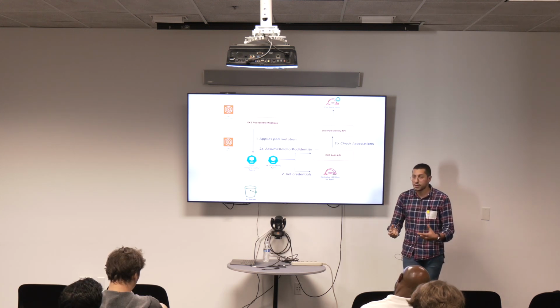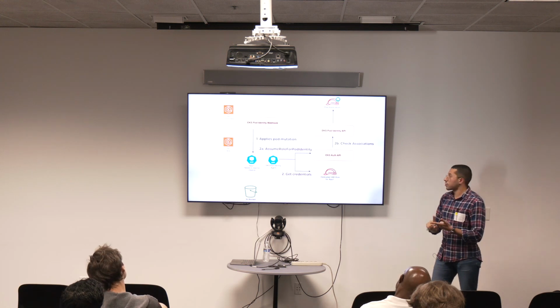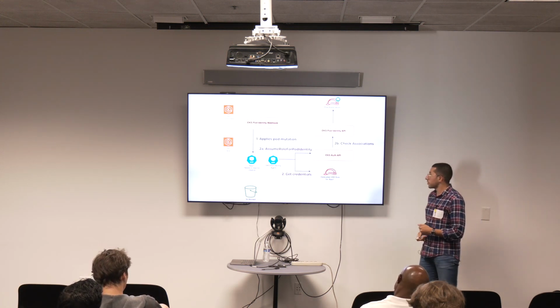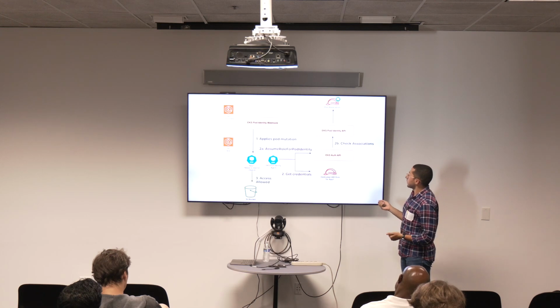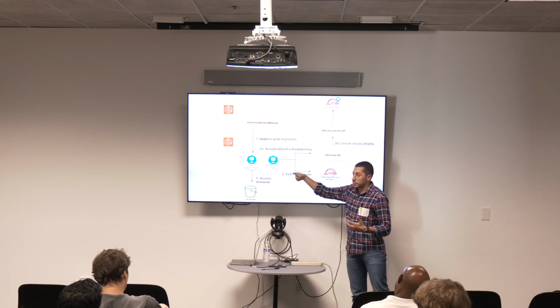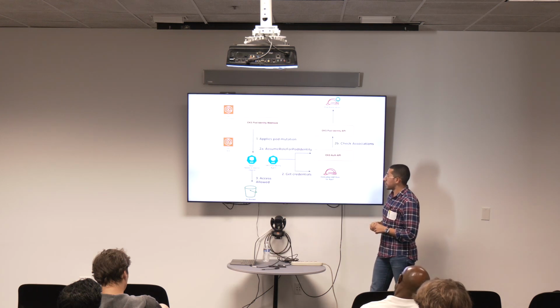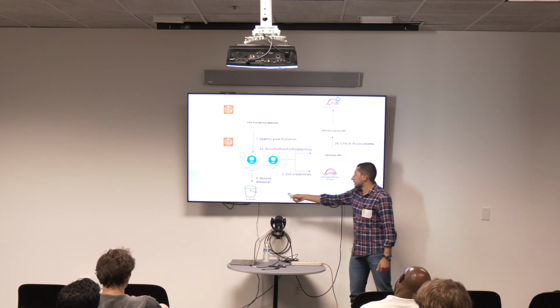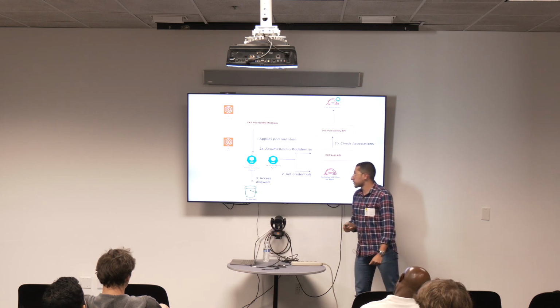So it will see if the pod is associated to the correct service account, to the correct cluster. And then, if it is OK, the pod identity agent will provide the IAM credentials to your application, to your pod, and then your pod will be able to access your AWS resource.